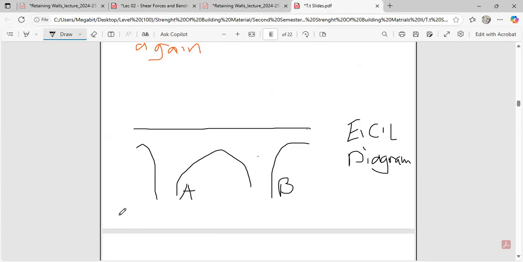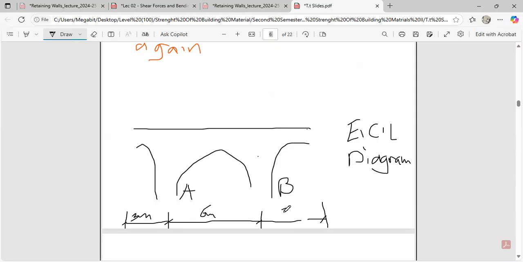Then we come to the calibrations. Okay. In the calibrations, from here to here was 3 meters. From here to here was 6 meters. And I think from the last one again was another 3 meters. Here was 6 meters.